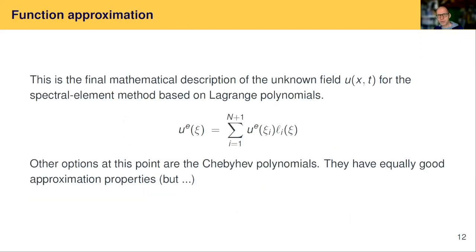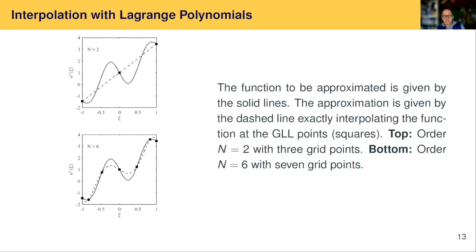Okay, good. So we continue. We now use these Lagrange polynomials. You can also, by the way, use Chebyshev polynomials, something we could discuss later if you're interested. But then you will not get a diagonal mass matrix. Here's an example of interpolation with Lagrange polynomials. That's also something that's fun and you can do with some of the Jupyter notebooks.